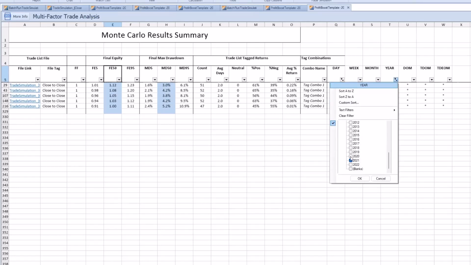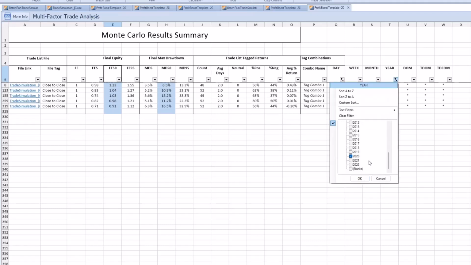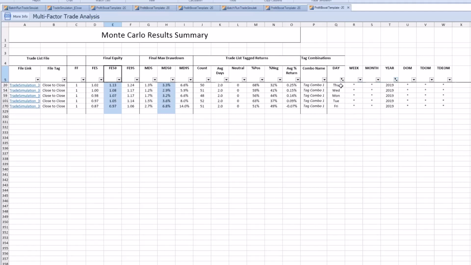Let's take that down to 2020. Now we're back to Monday being the best, quite significantly the best. And 2019: Thursday, Wednesday, Monday. So you can go through this and find out all of that information.